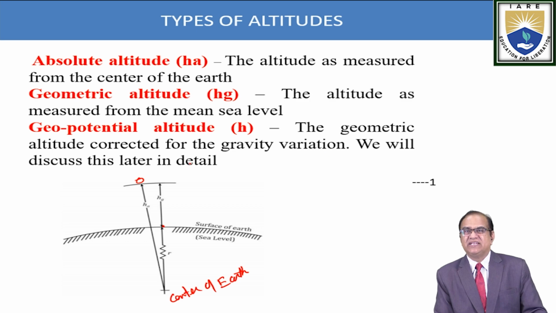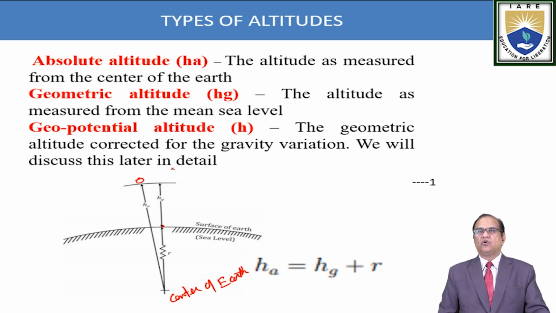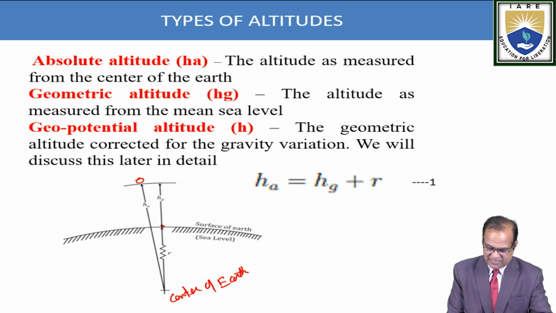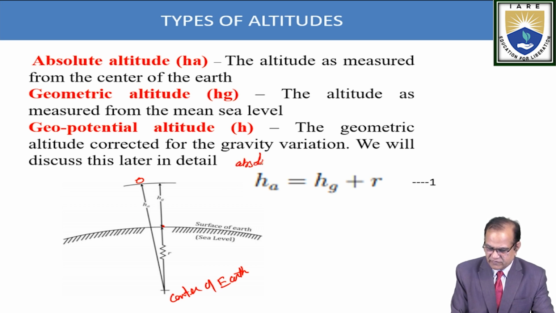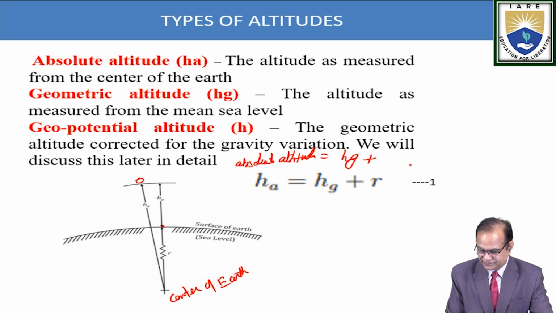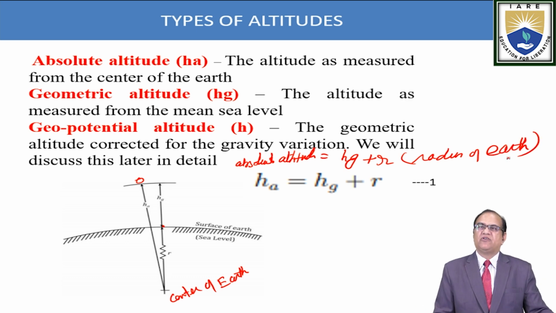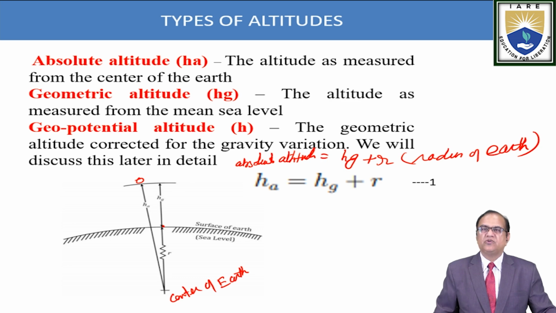We will be discussing this later. Here we can see that this absolute altitude is equal to geometric altitude Hg plus R, where R is the radius of earth.